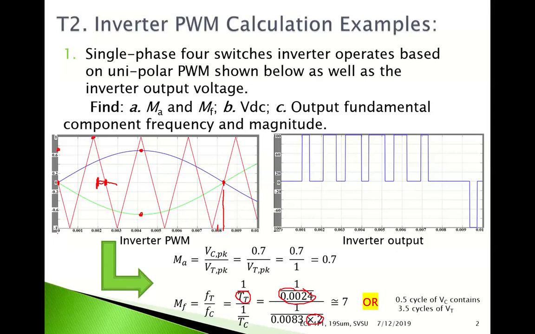So 0.5 cycle of VC contains 3.5 cycles of VT, which means your period of VC is as long as 7 periods of VT. Therefore, the frequency of VT is 7 times the frequency of VC. Therefore, if you do a ratio between them, you end up with 7. This is more effective, more accurate.